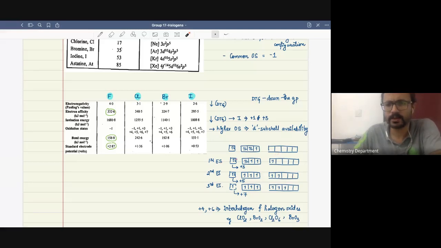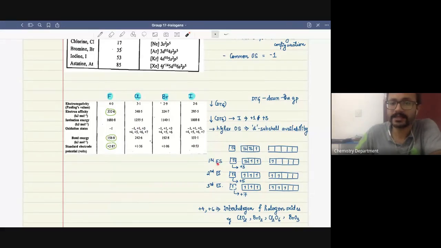So when it is in the ground state, it can easily accept an electron to form the -1 oxidation state. Apart from that, it can easily share this electron with another atom to form a +1 oxidation state. And that is why for chlorine, bromine, and iodine, you see a +1 oxidation state possible.